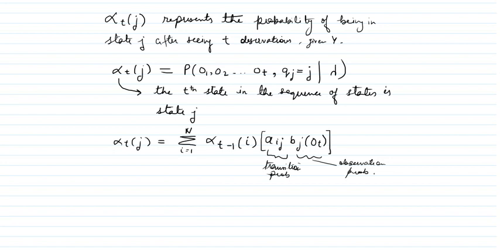So alpha_t(j) can be written as the summation over i equal to 1 to n of alpha_{t-1}(i) a_ij b_j(o_t), right? And we do this for every state. Here we have two states, so we will be doing this for two states.